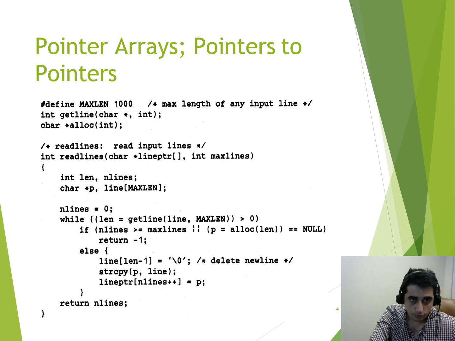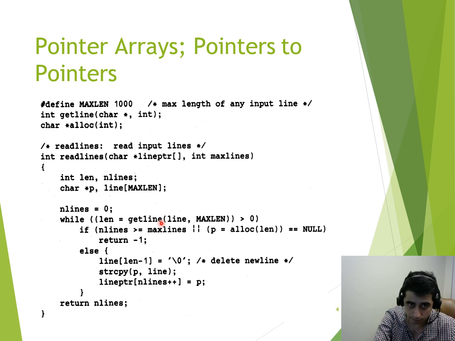All right, now let's take a quick look at the body of the readlines function. Here what we do is, in a while loop, we get a new line by calling getline. That's a function that is used in the textbook, but the more common way of getting a line is by calling a function called fgets. That's much more common, but we'll follow the book example.